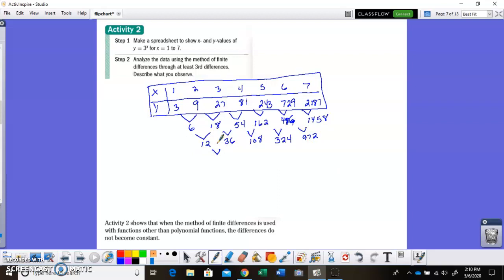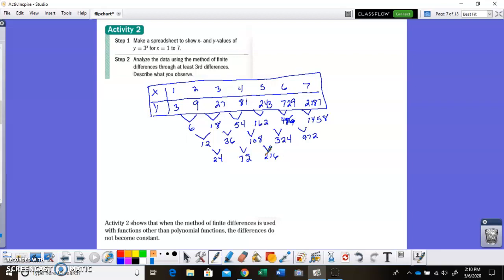So 36 minus 12 is 24. And 108 minus 36 is 72. And 324 minus 108 is 216.